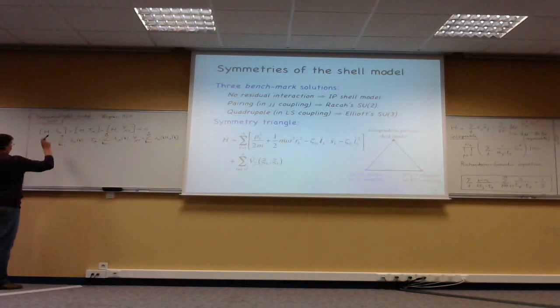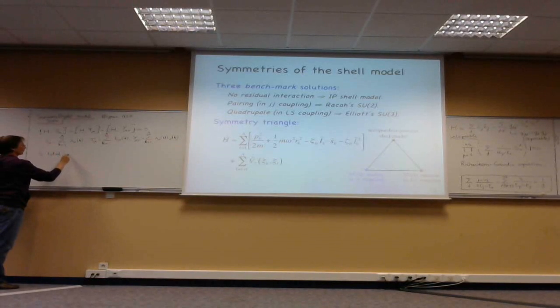Well, so you must have states which are labeled by S, the total spin. You have states which are labeled by T, the total isospin.